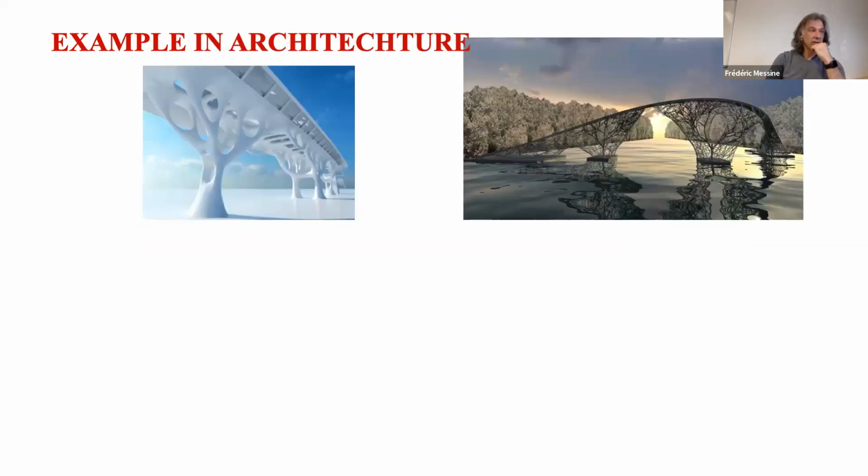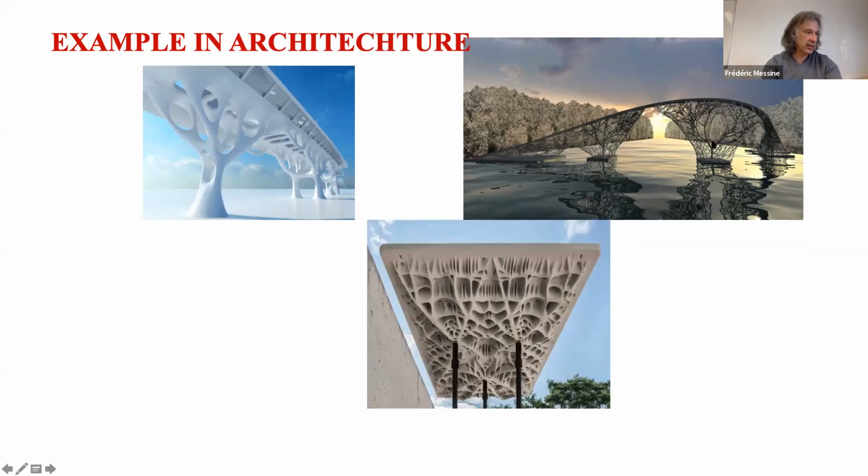Some examples in architecture also: you can see this kind of very beautiful bridge, and also some things like this, because using this, you just need three things to maintain the roof.